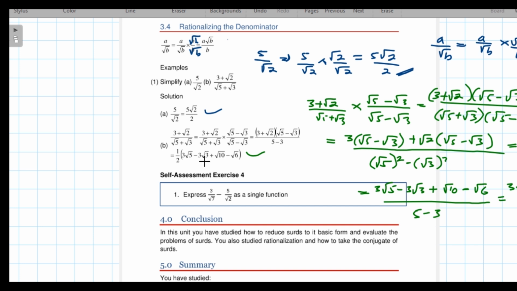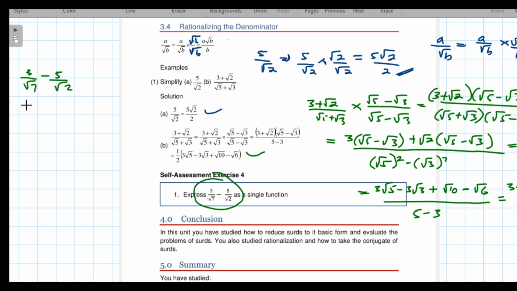So let's quickly solve the self assessment for exercise 4 before we call it a wrap for indices. So you are to express this as a single fraction. So this is 3 divided by root 7 minus 5 divided by root 2.